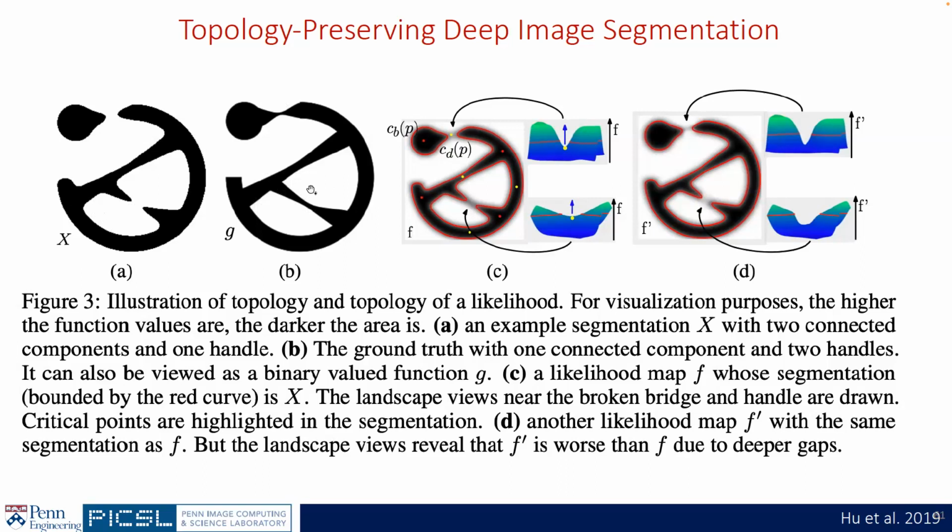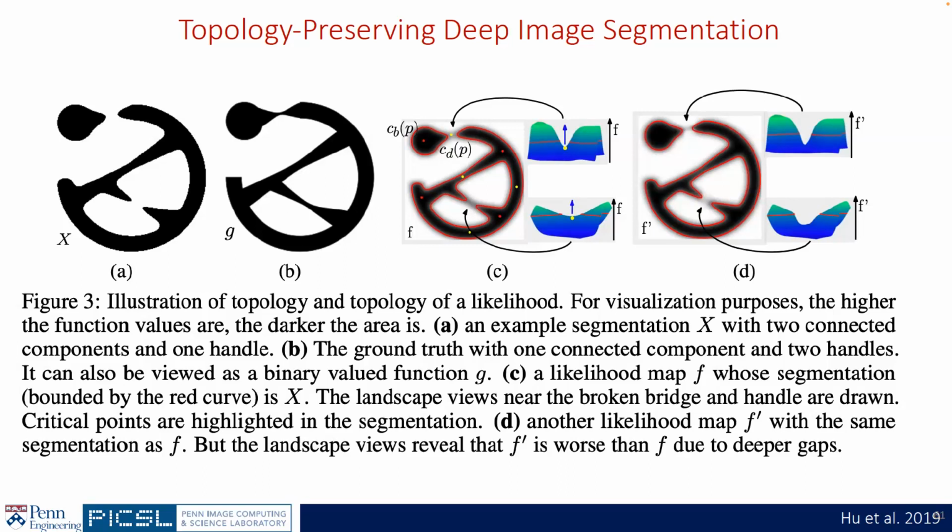So I want to make sure the Betti numbers for connected components, handles, and holes are the same as the ground truth. I want to go from two connected components to one, from one hole to two holes, and from one handle to two handles.